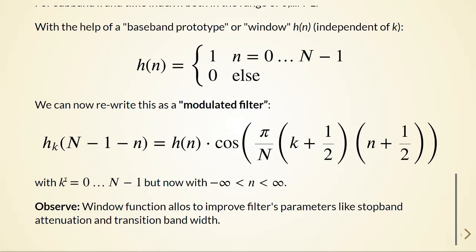Now k is just here on the left and also inside here. We don't have an index k here for subbands, and k goes from 0 to N minus 1, but now n can go from minus infinity to infinity.